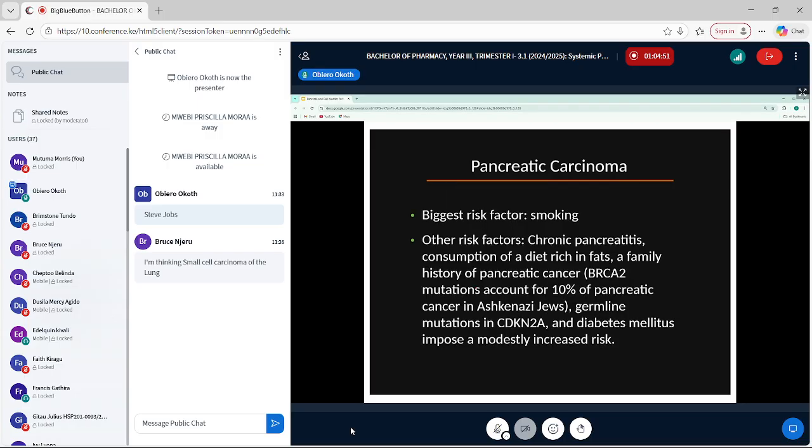The biggest risk factor we've talked about is smoking. And there are families of pancreatic carcinoma, especially BRCA2, yes, germline mutations in CDKN2, the cyclin-dependent kinase inhibitor. And also, diabetes mellitus normally imposes a moderate risk for pancreatic carcinoma, but the biggest risk is smoking.